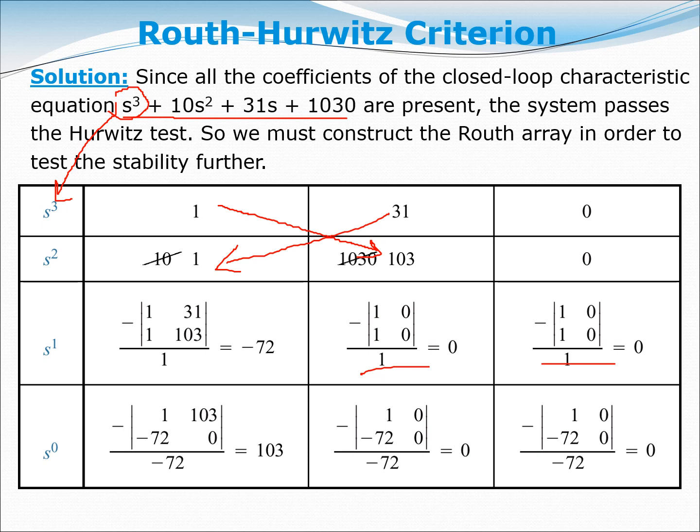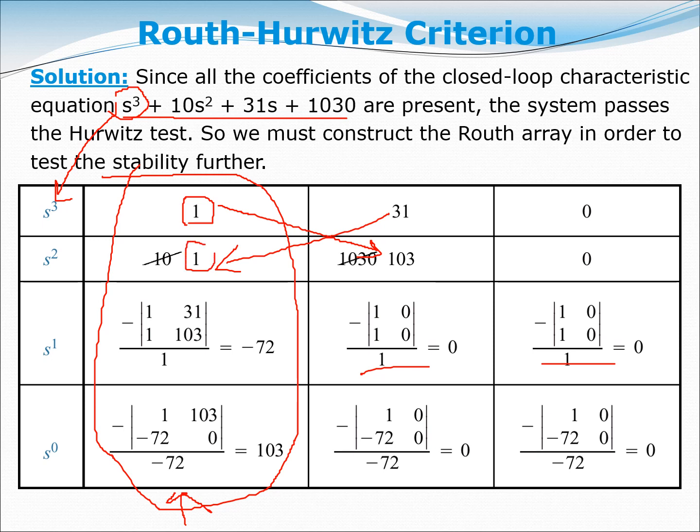Alright, so let's say you already finished all this calculation. According to the Routh criterion, we just focus on this first column. Let's look at the sign changes. First we have 1, and the second row we also have positive 1, and in the third row we have negative 72. So now it is negative.